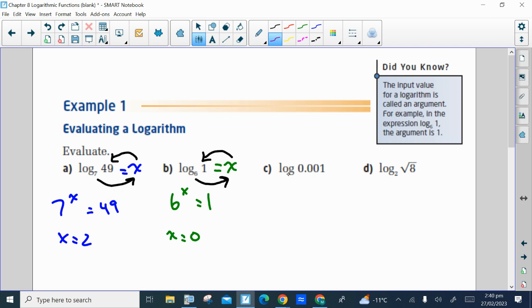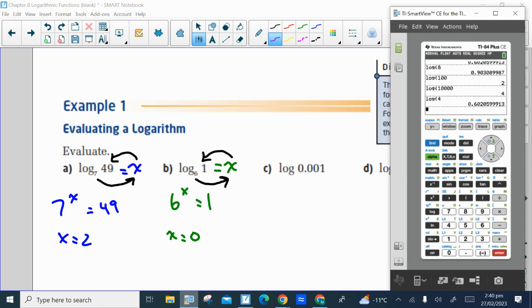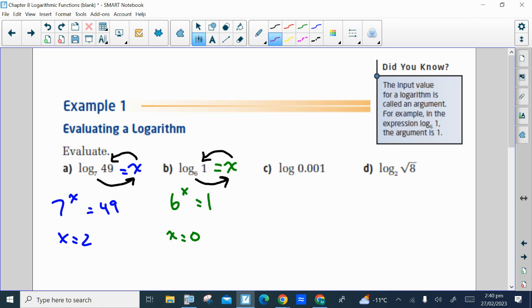Question C. This is a common log, no base indicated, so you can just use your calculator if you want and take the log of 0.001. It is -3. That's the value of this, -3. But here's why that is true.